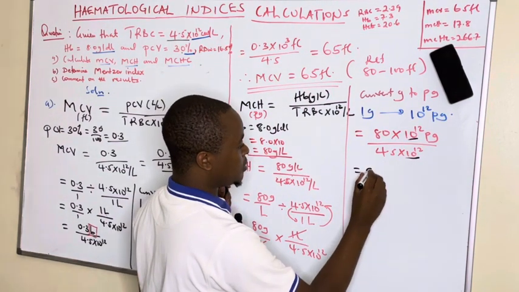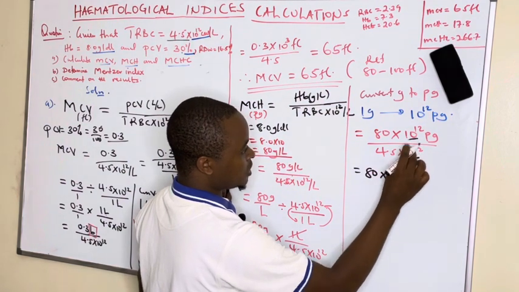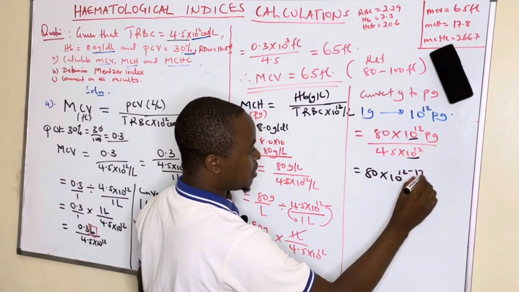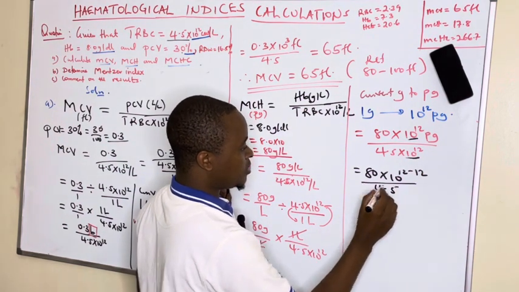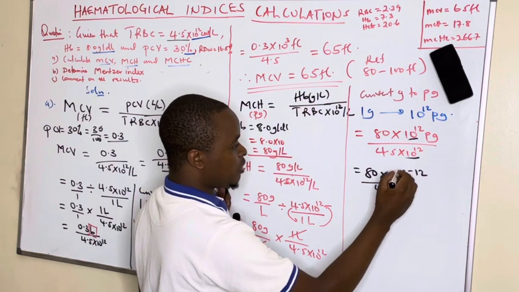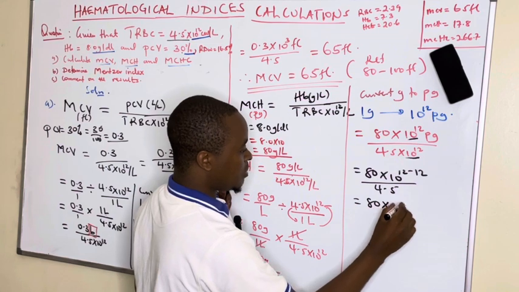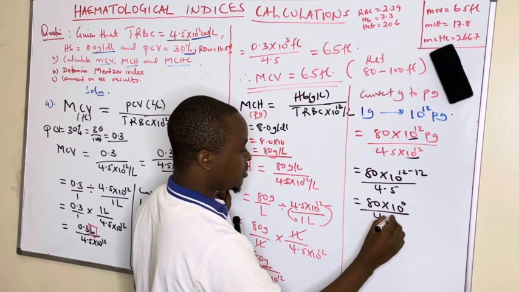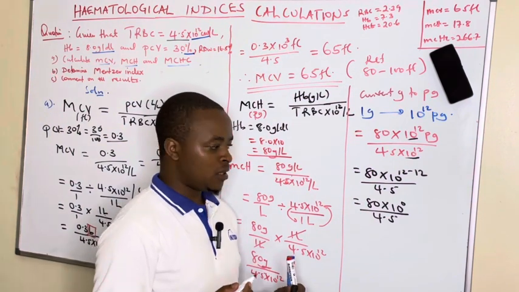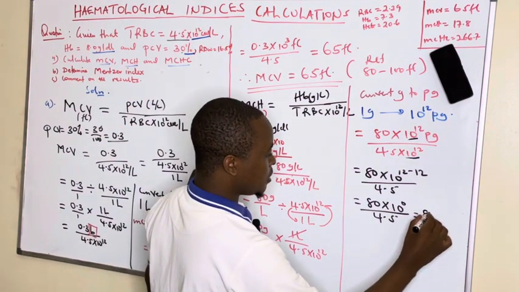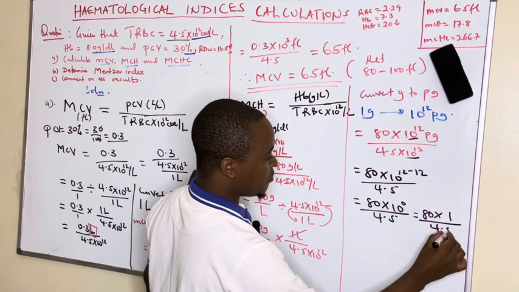So we shall get 80 times 10 to the power 12 minus 12 over 4.5. And when you get 12 minus 12, you remain with 80 times 10 power 0 over 4.5. And any number which is powered by 0 is 1. So we get 80 divided by 4.5.